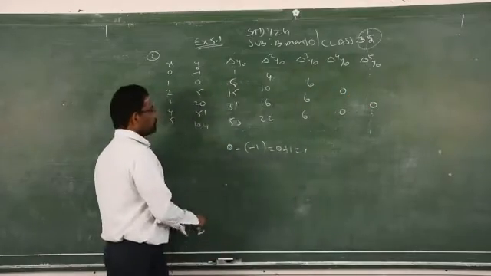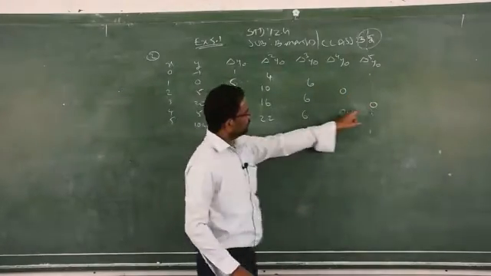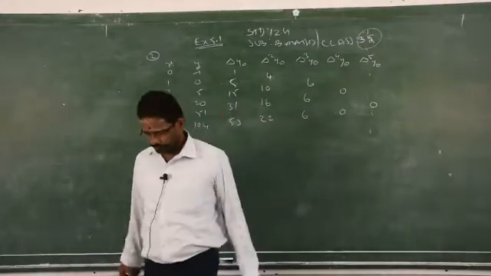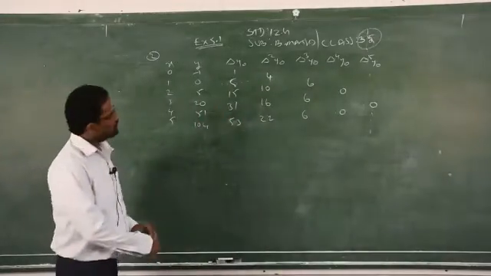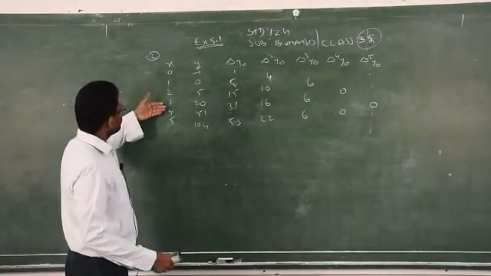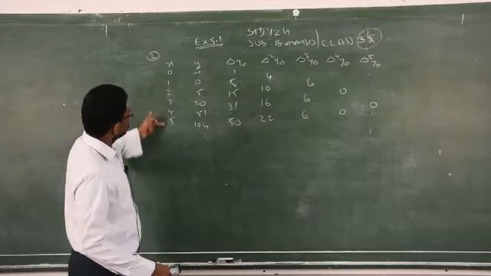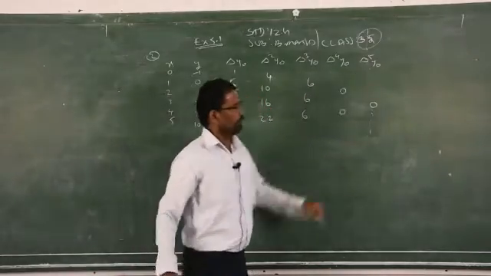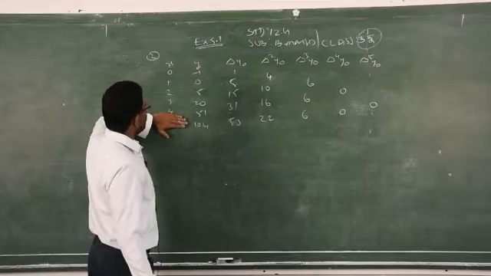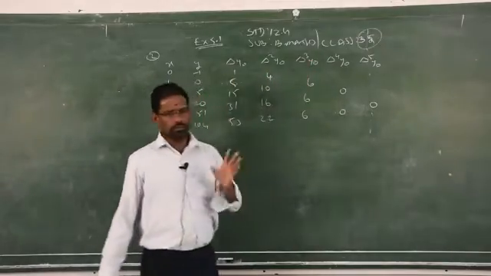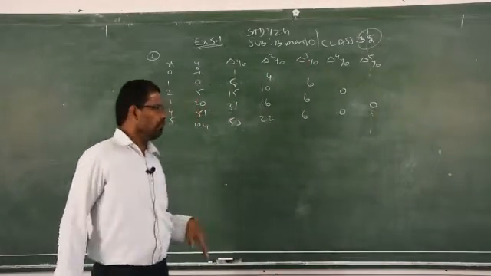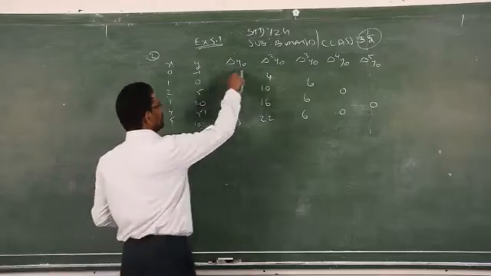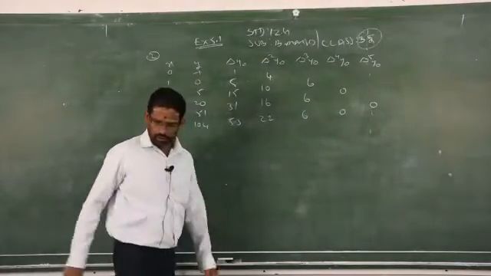You have to proceed till you get a single number. Clear? If there are 5 or 6 values, you will get up to 5 deltas. If only 4 are given, you will get up to 3.